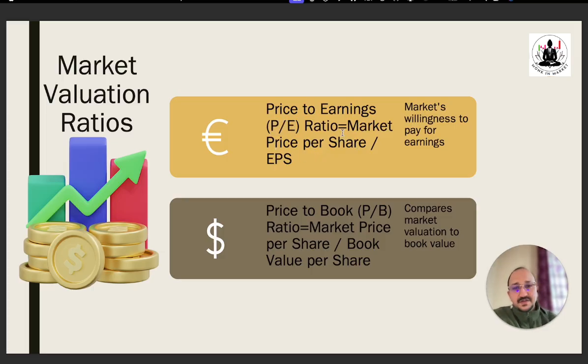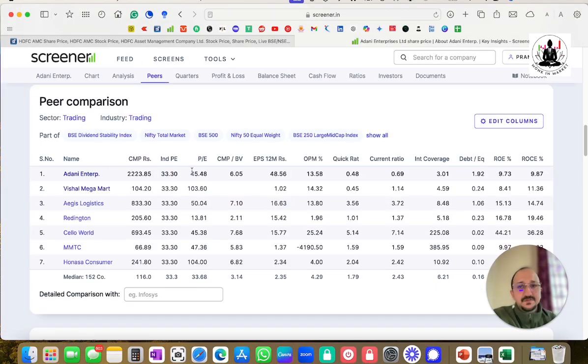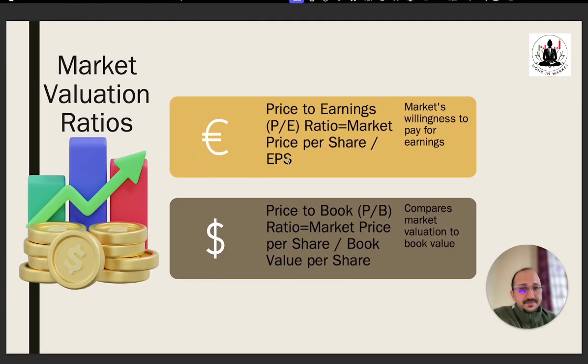Market price is the value of the share in the market, right? This is the PE ratio, guys. It is the market value divided by earnings per share. So the lower the PE ratio, it means you are getting the same share at a lower price, right? Just like the example of the iPhone, just like the example of your Nike shoe.